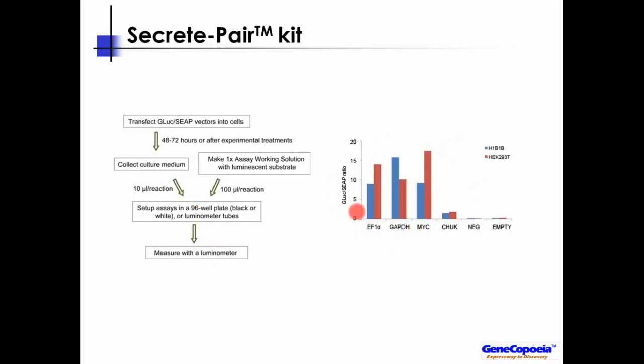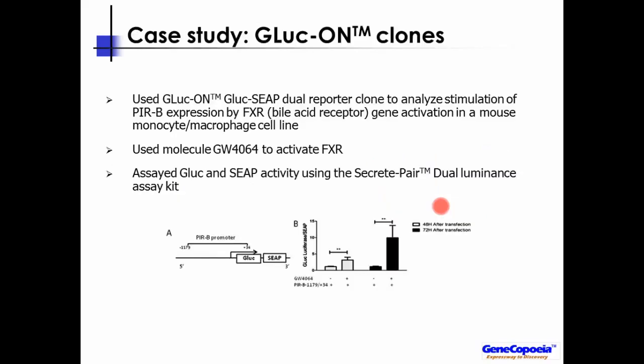And this is in-house data that we generated using a number of different well-characterized promoters like EF1 alpha, GAPDH, etc., in this system in 2 different cell lines. We found that we got good responses for all of these, and they also gave very different levels of response in different cell types, which is really not that surprising. So this is a nice result.